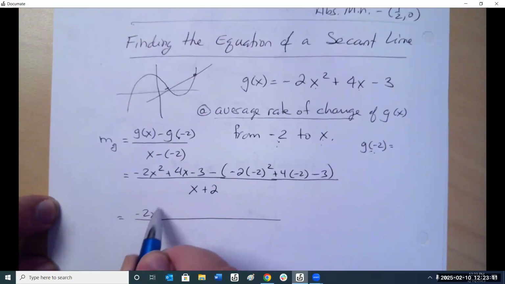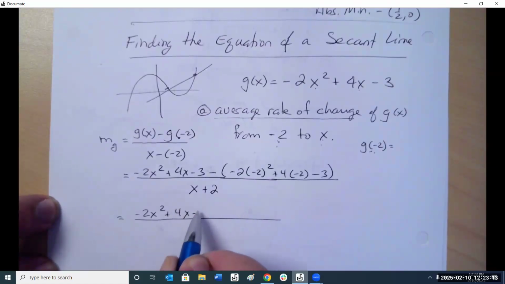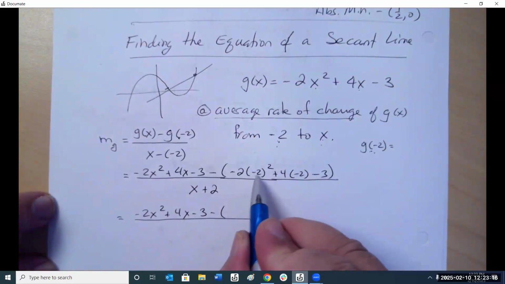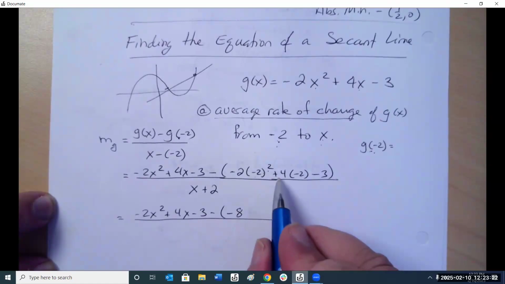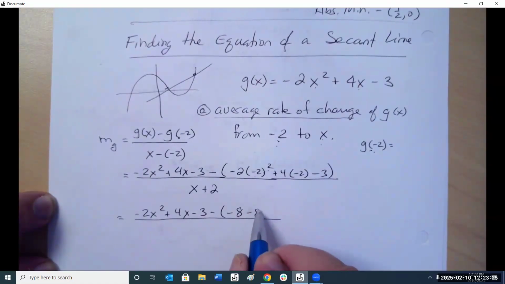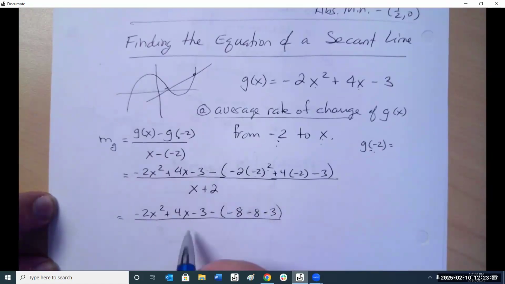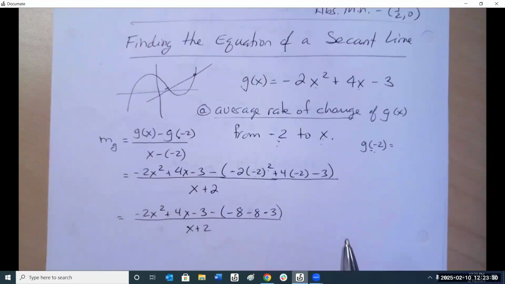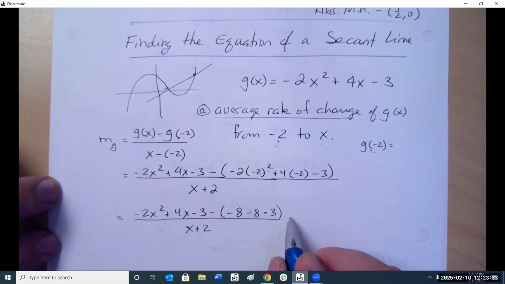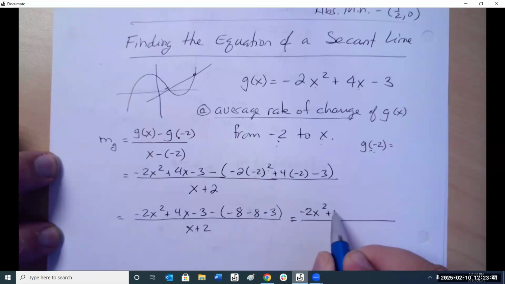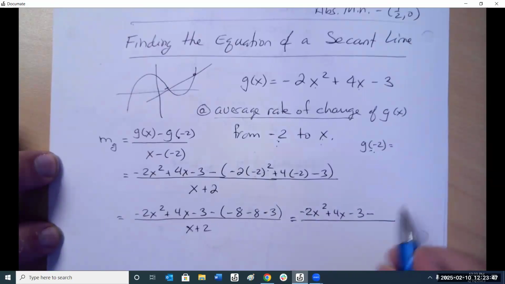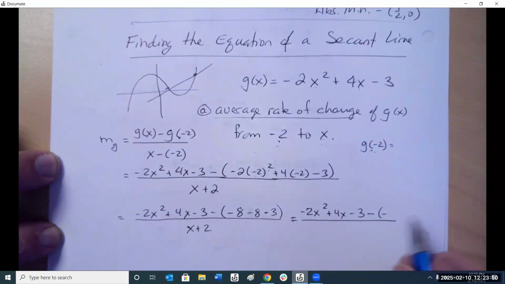We have -2x squared plus 4x minus 3. -2 squared is 4. 4 times -2 is -8, minus 3. So we have -2x squared plus 4x minus 3. 8, 8, 16, minus 3 is 19.